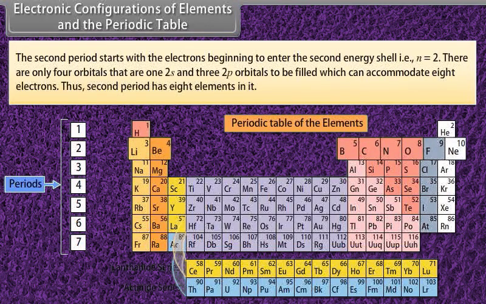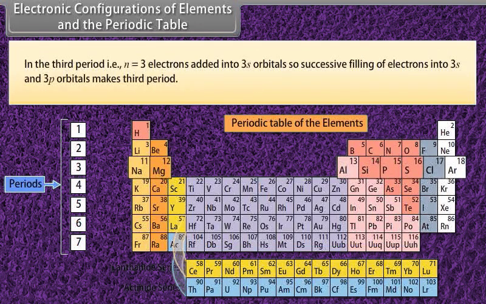The second period starts with the electrons beginning to enter the second energy shell, that is, n = 2. There are only 4 orbitals, that are one 2s and three 2p orbitals to be filled, which can accommodate 8 electrons. Thus, the second period has 8 elements in it.